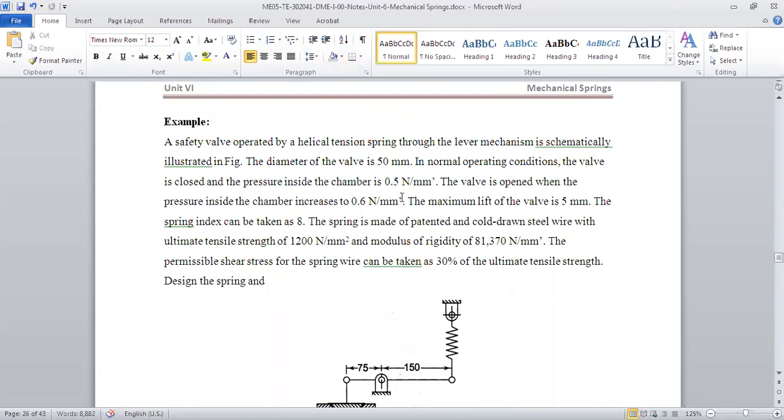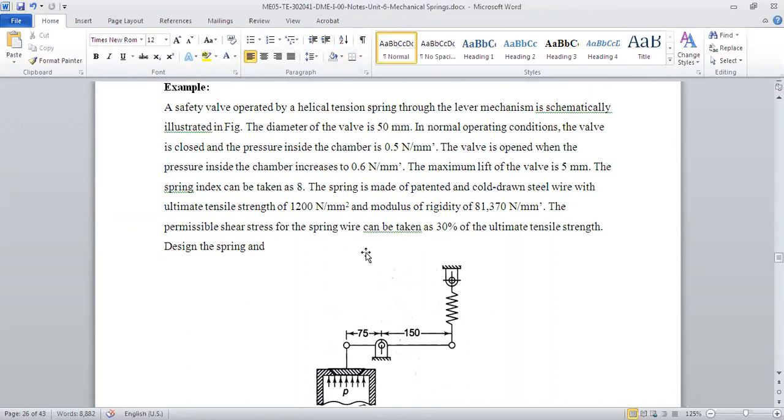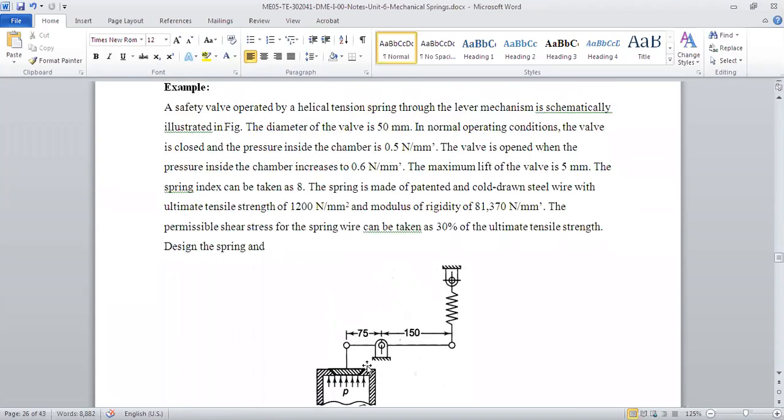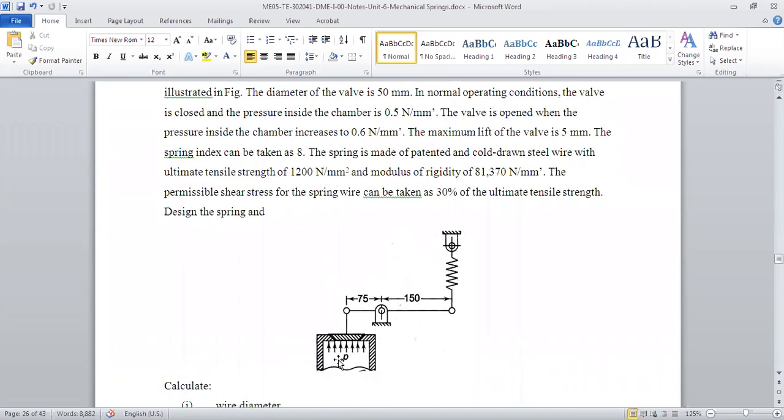A safety valve operated by a helical tension spring. So now we have been given a system where it is used. The spring is used for operating a safety valve. Safety valve means what? After a certain pressure is reached, this system will open and it will allow the pressure to release.